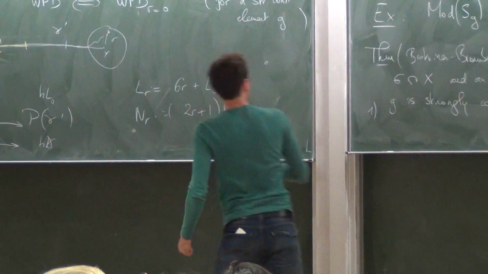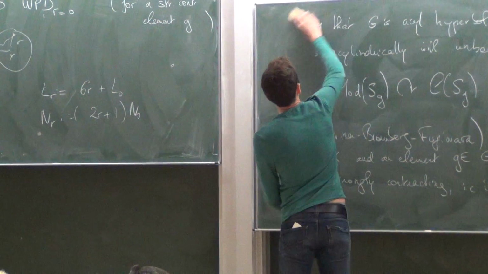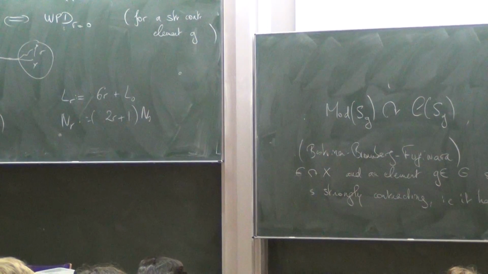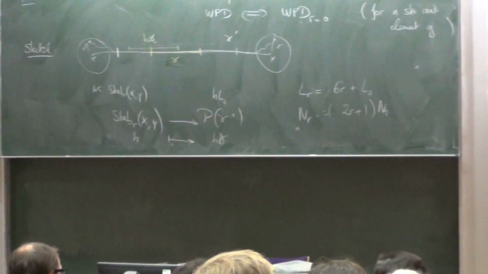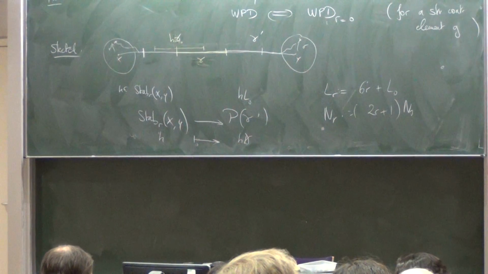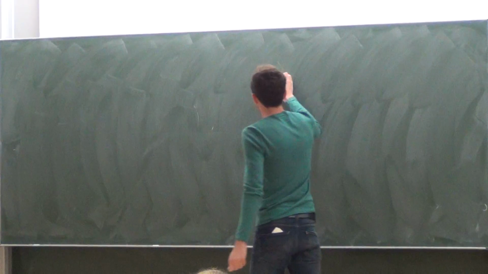But still, there's a natural question. Apart from actions on trees, are there other classes of spaces for which the acylindricity of the action or the WPD condition would be equivalent to those weak forms at r equals 0?